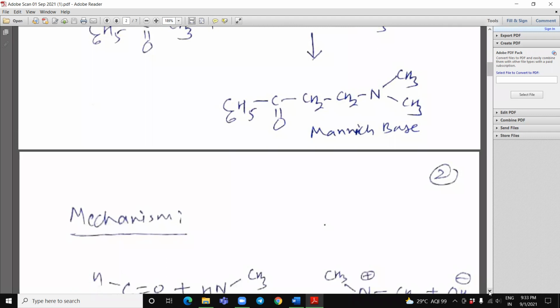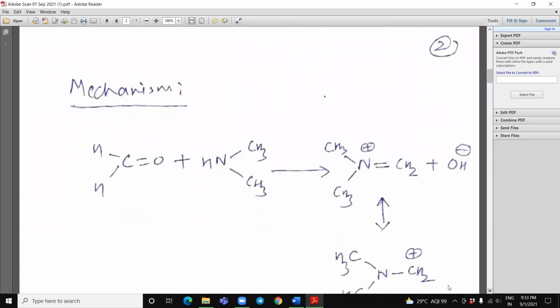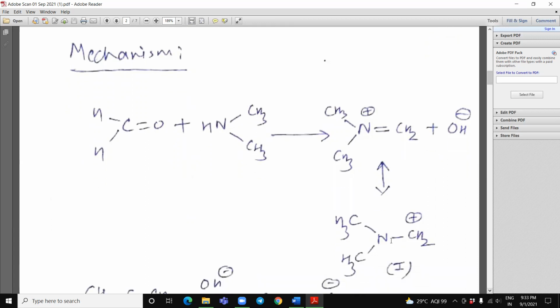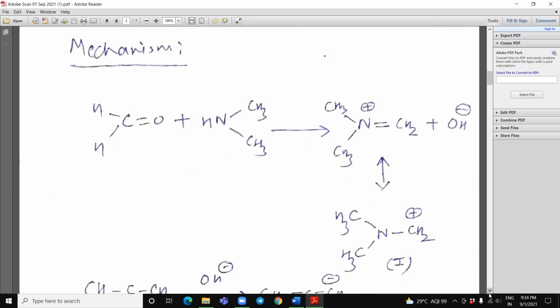See how this formaldehyde is first reacted with dimethylamine, and it will give us this hydroxide anion plus this dimethylamine carbocation.